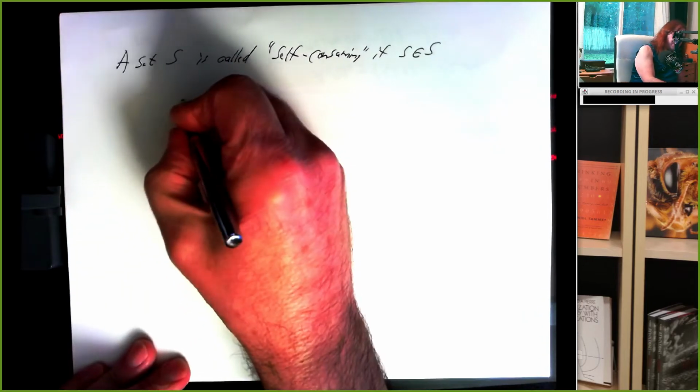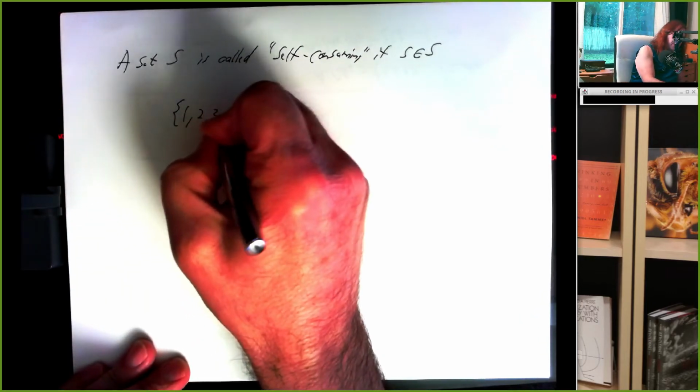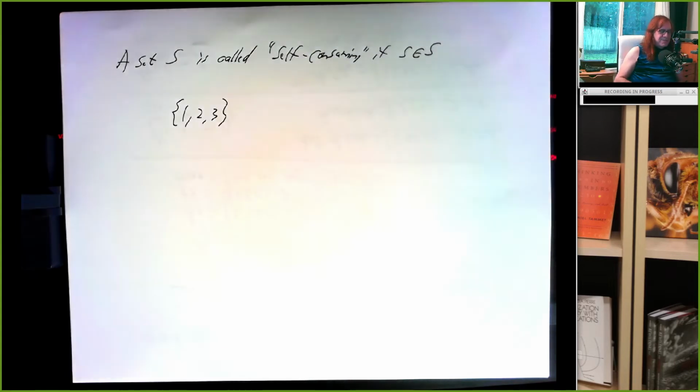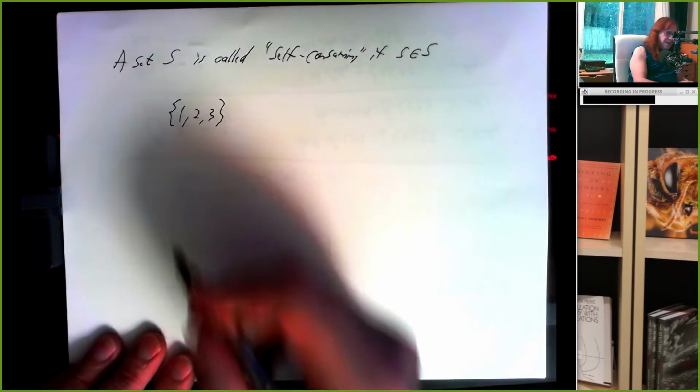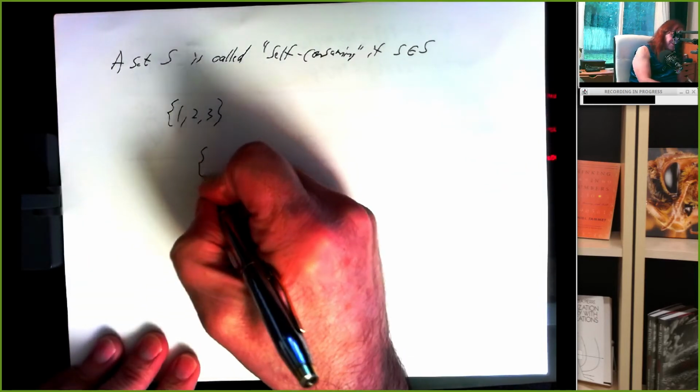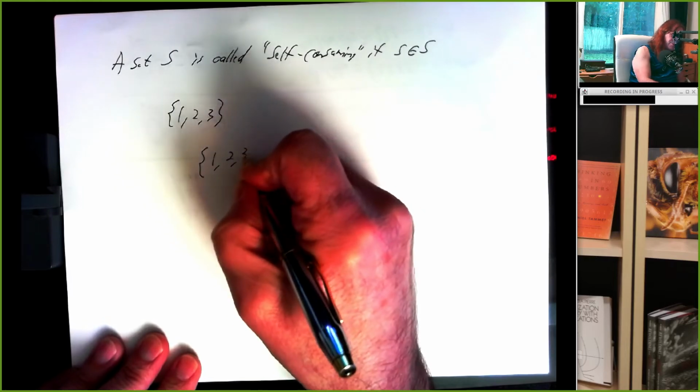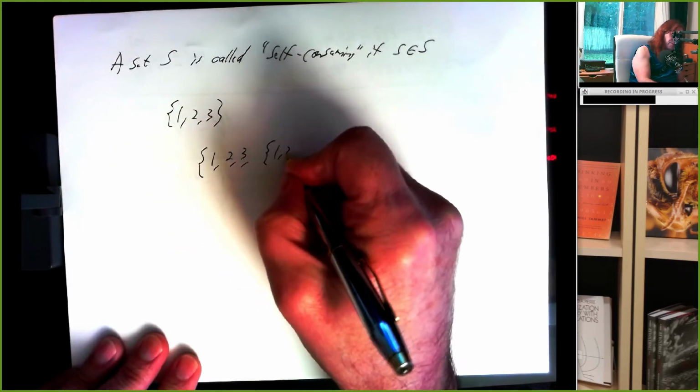So for example, the set {1, 2, 3} is not self-consuming because it doesn't contain the set {1, 2, 3}. And sets can contain sets, so I could make a set containing a 1, a 2, a 3, and the set {1, 2, 3}.